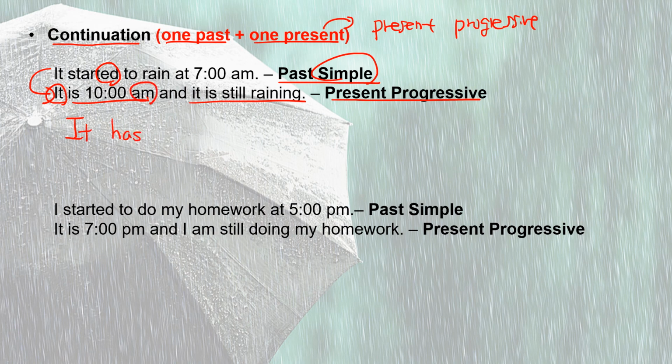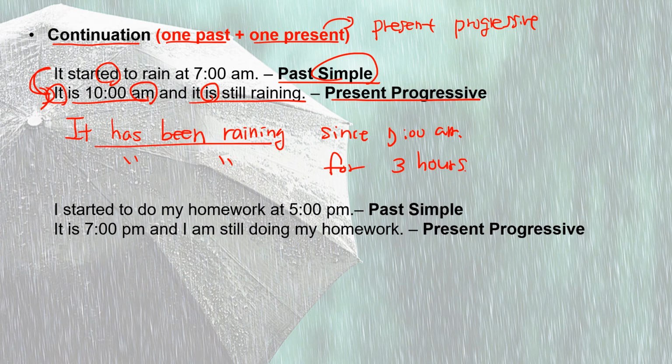Past participle is been, and then raining. It has been raining since 7 a.m. or it has been raining for 3 hours. So one simple past and one present progressive continuation, you use present perfect progressive.